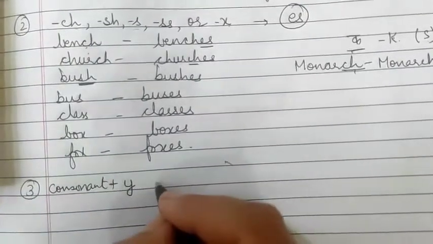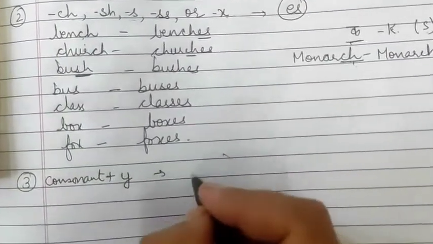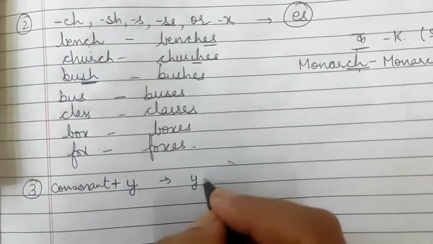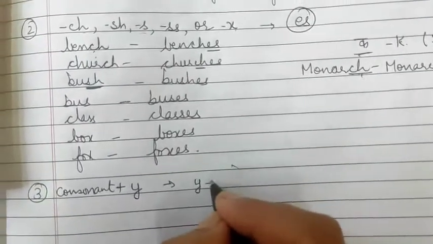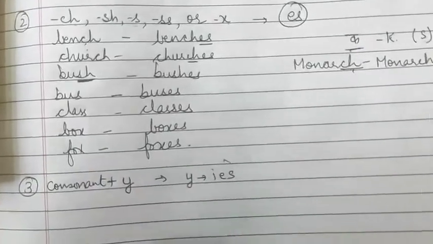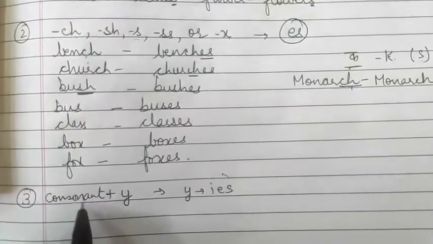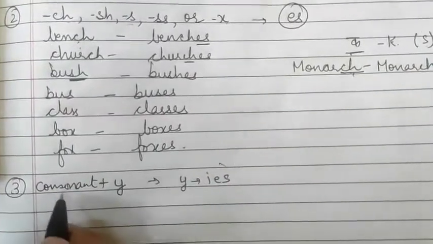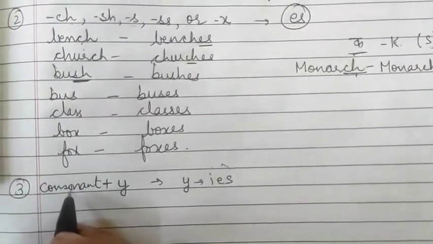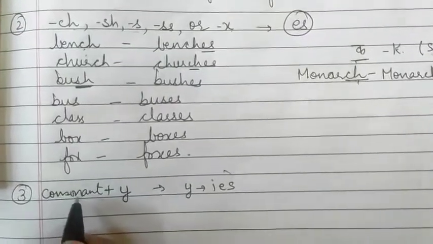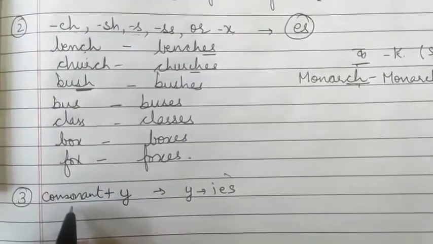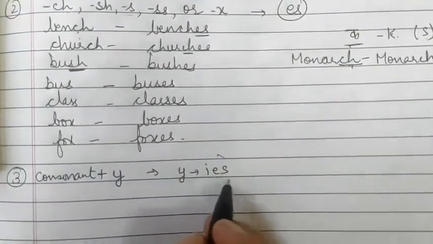We will change that word into plural by changing Y into IES. The word which ends with Y and before Y a consonant is there. Children, you all know what are vowels and consonants? A word which ends with Y and before Y there is a consonant. So we will change Y into IES.